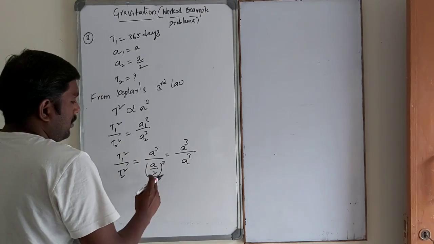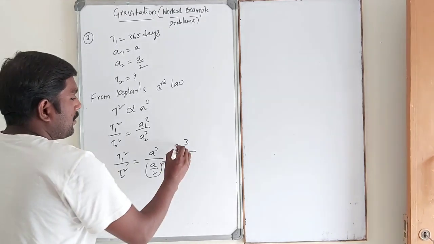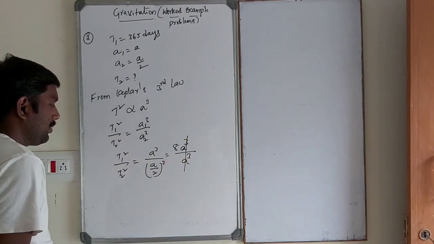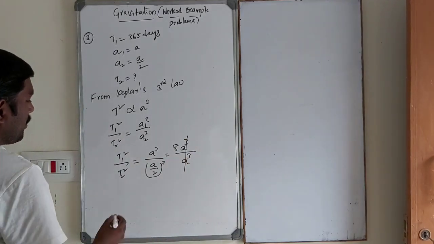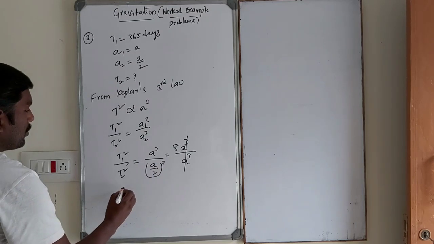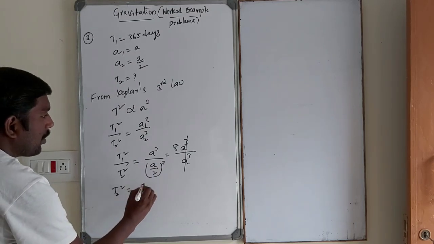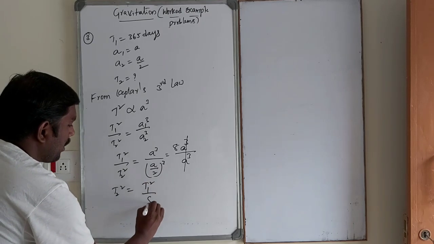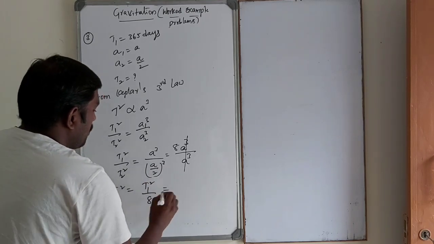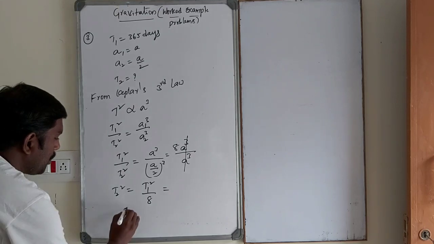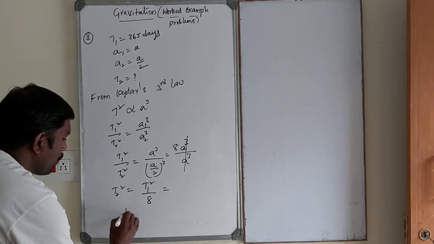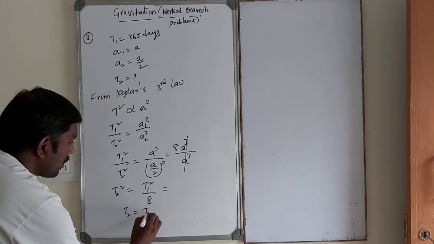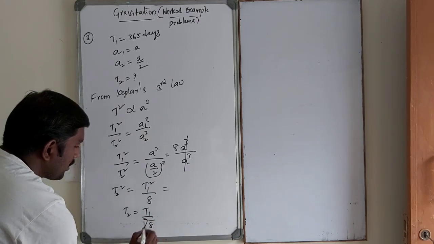A cube cancels. Ultimately I want T2, so on cross multiplication, T2 square is equal to T1 square by 8. So T2 is equal to T1 by root 8.